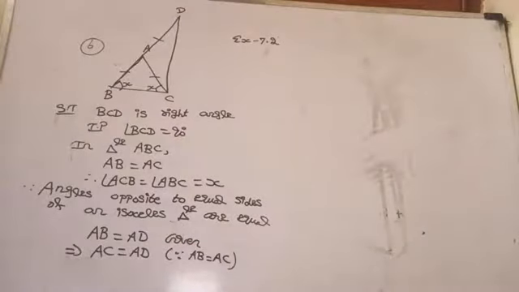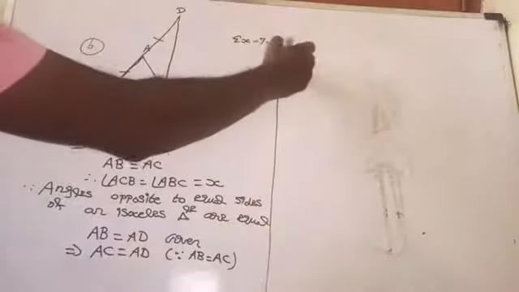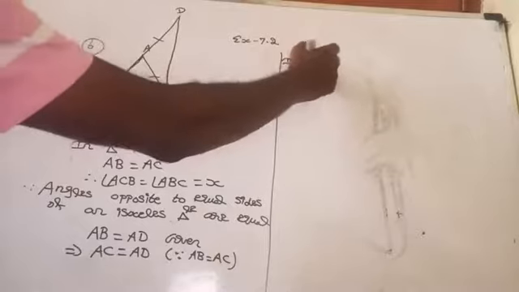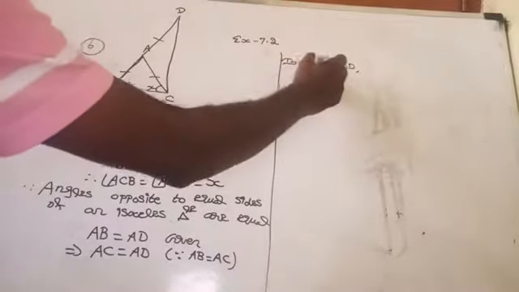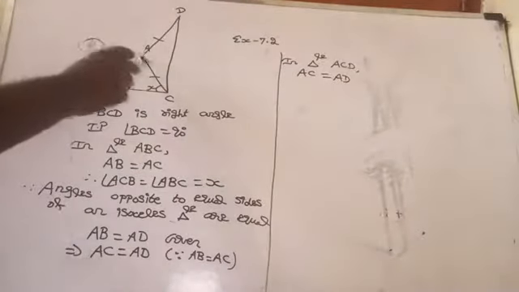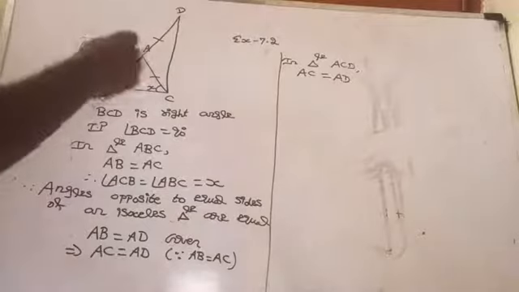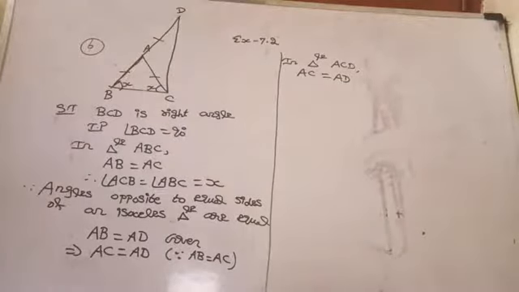So in triangle ACD, we have AC equals AD now. See, AB equals AC and AC equals AD, so AB equals AC equals AD. In an isosceles triangle, the angles opposite to the equal sides are equal.